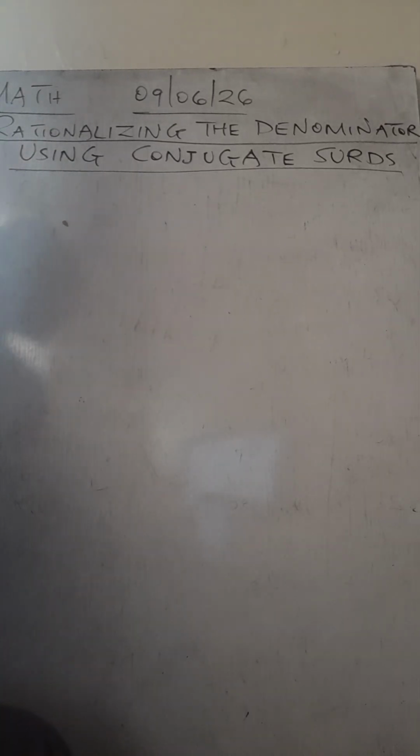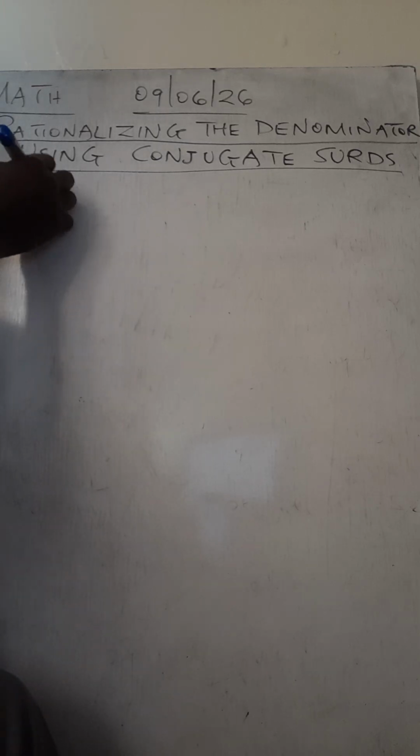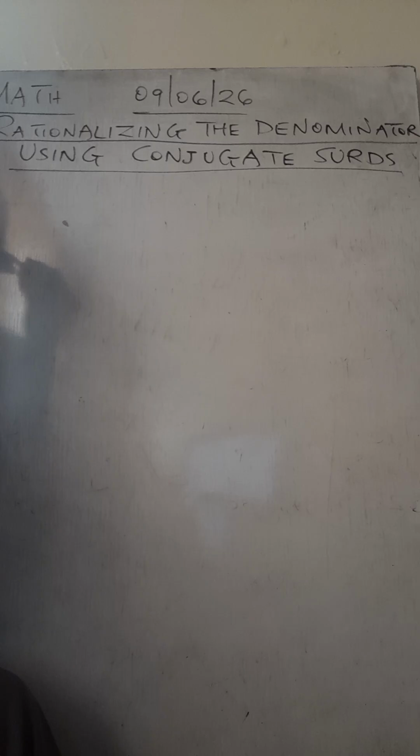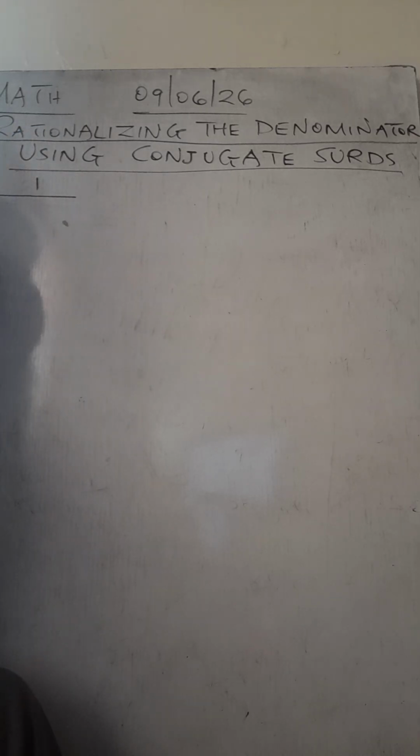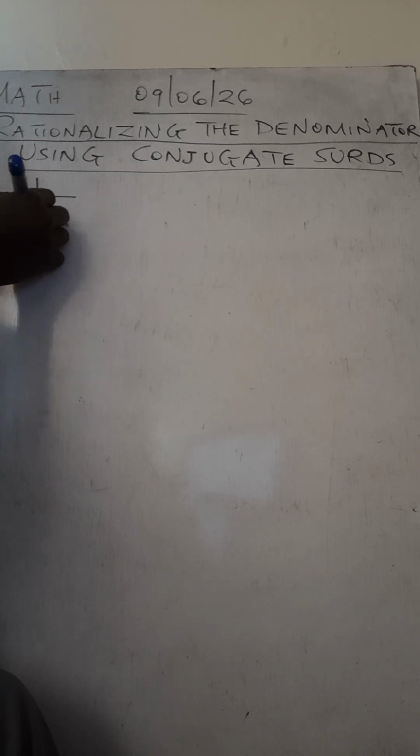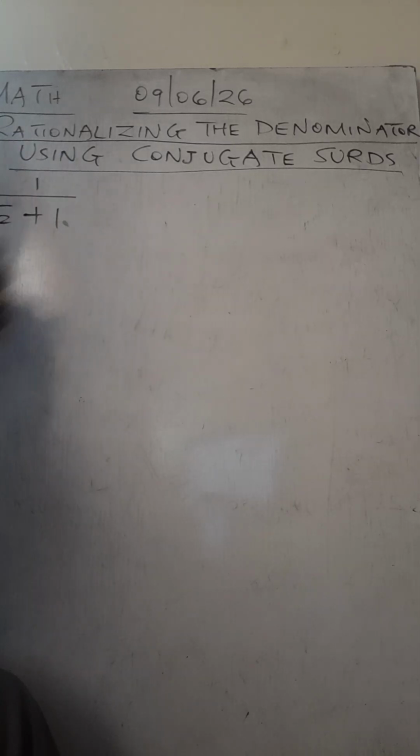So look at these kind of questions. If they tell you to rationalize the denominator and you have this 1 over root 2 plus 1, how do you go about it?